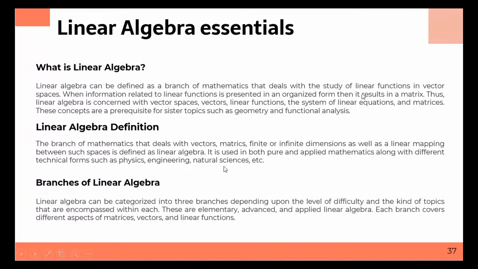The branch of mathematics that deals with vectors, matrices, finite and infinite dimensions, as well as linear mappings between such spaces is defined as linear algebra. Which are the spaces?